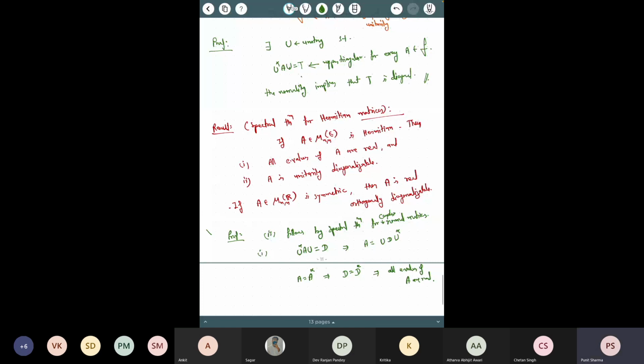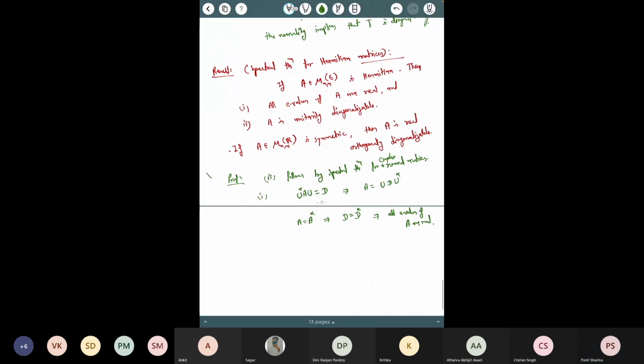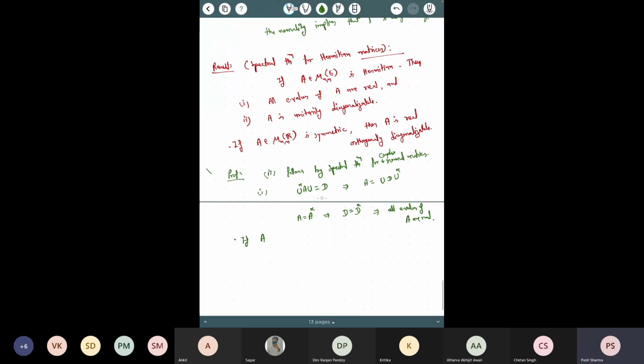Now, in addition, if A is symmetric, then A is orthogonally diagonalizable. Why is this true? This is also straightforward. If A is a real symmetric matrix, clearly it is also Hermitian, because if you take the complex conjugate transpose, A star is just the transpose.